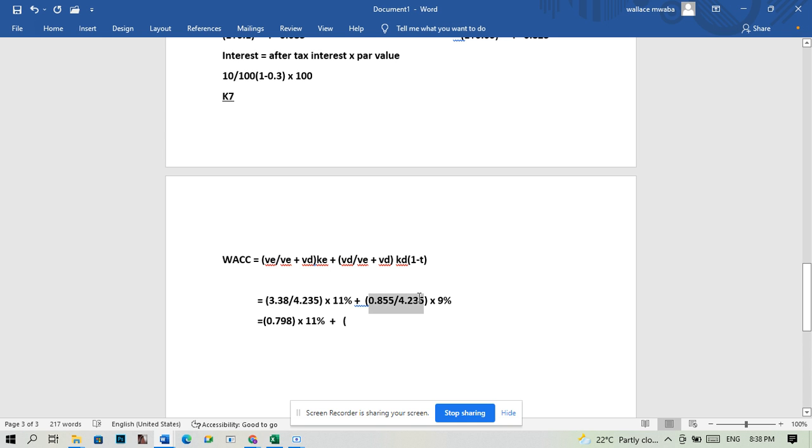No, the first one. When we multiply 0.798 times 11, let's not go there first. We're doing it by steps. But this figure is correct, the 0.798, right? Yes, it's correct. Okay, so now divide 0.855 by 4.235.